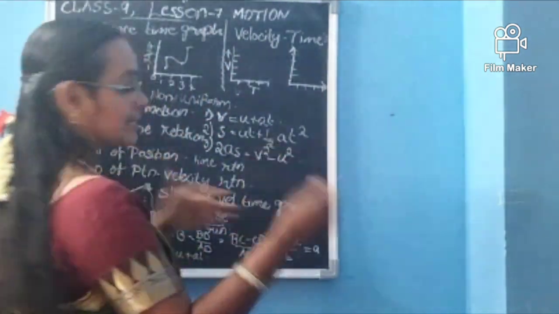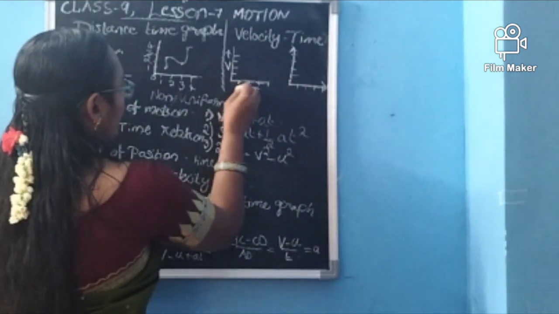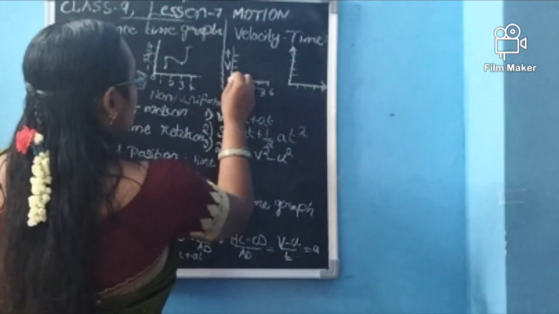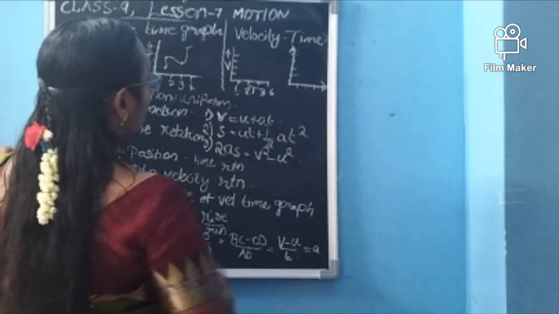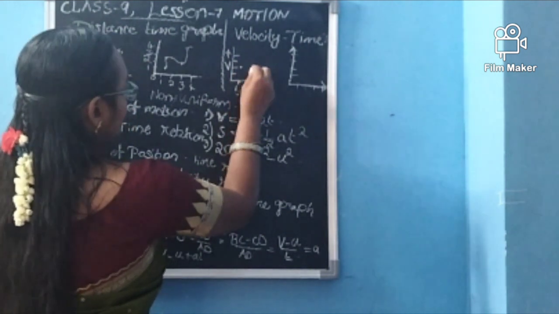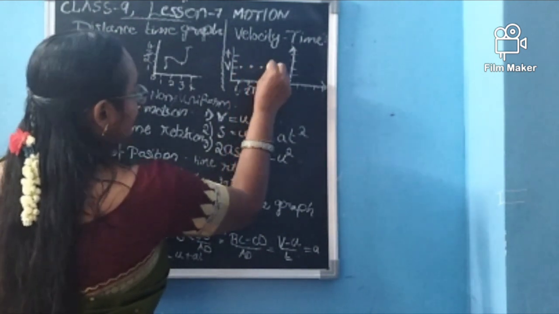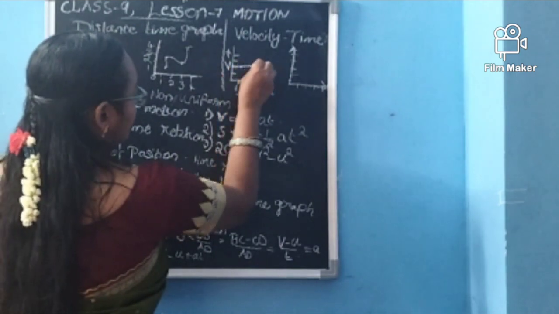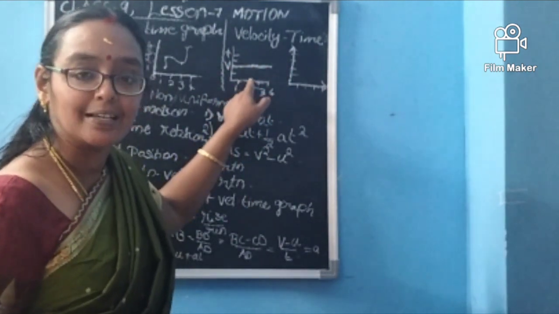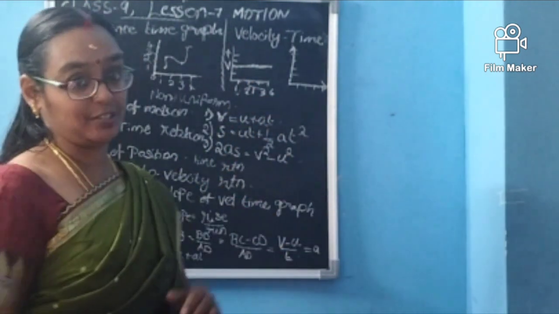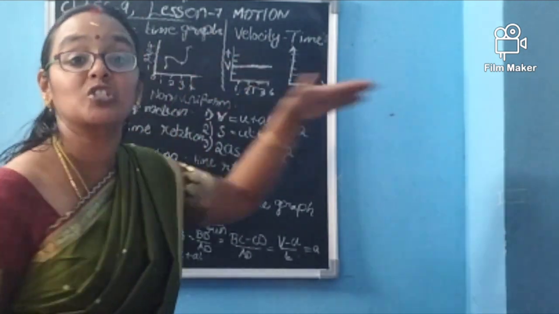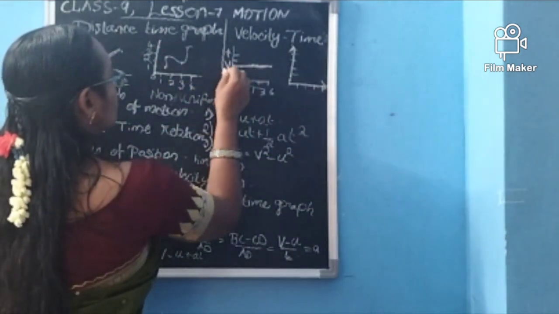Okay. Let's start. 1, 2, 3, 4. It starts from here, but it has reached here in 1 second, here in 2 seconds, here in 3 seconds, here in 4 seconds. So it will be a straight line. Here the velocity is not changing, because velocity is on the y-axis and it is not changing, only at 2.